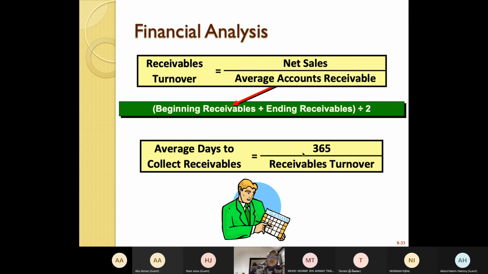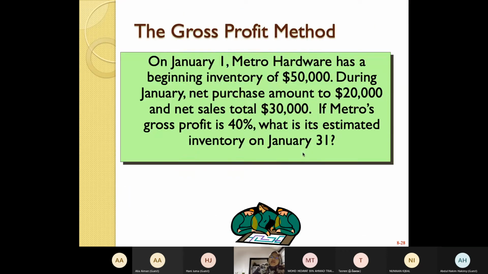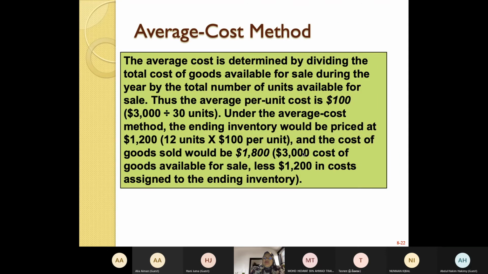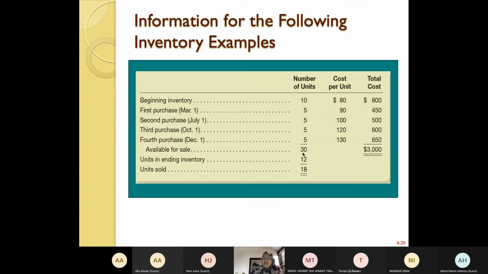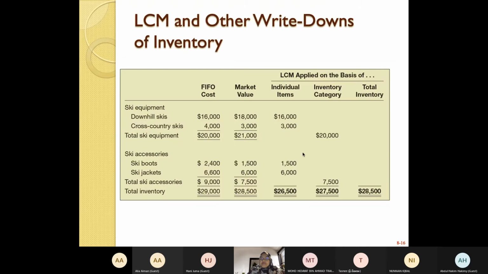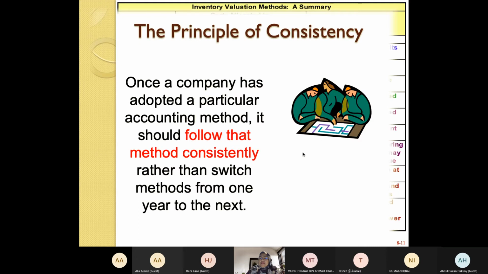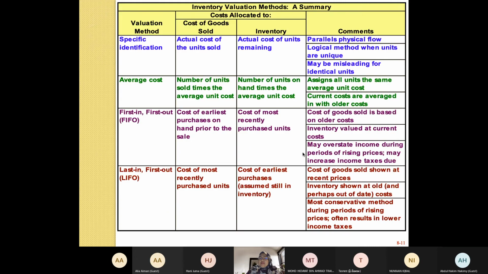All right. So what we have covered so far is the inventory valuation methods. How are you going to value your inventory, using specific identification? Valuation of your cost of goods sold and your inventory.